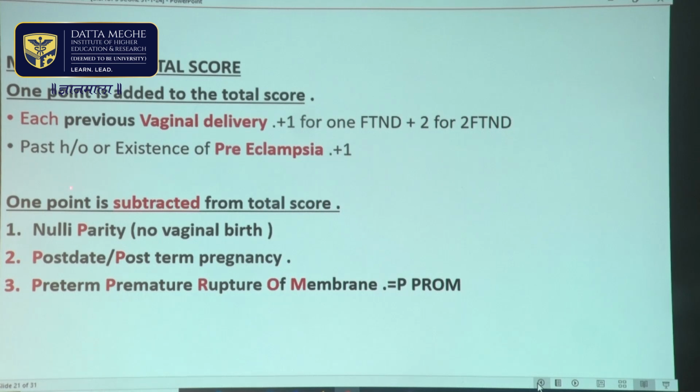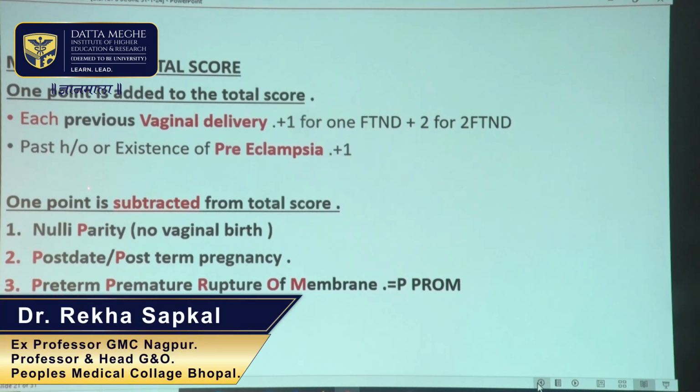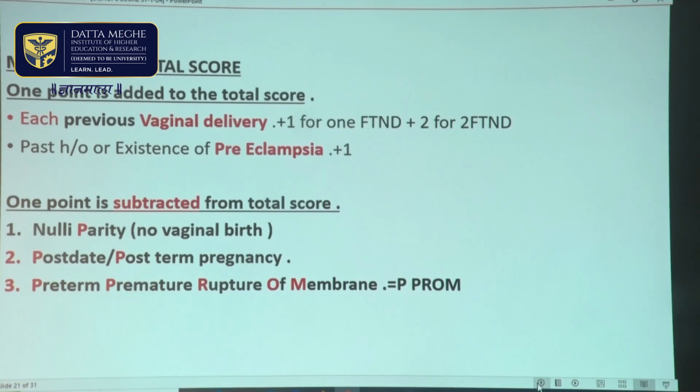Then if the patient has pre-eclampsia, then +1 should be added to the score. 1 point has to be subtracted from the total score if she is a nullipara, not experienced in vaginal delivery. Naturally her cervix has not been stretched, so it is bad to dilate, so 1 point is subtracted.